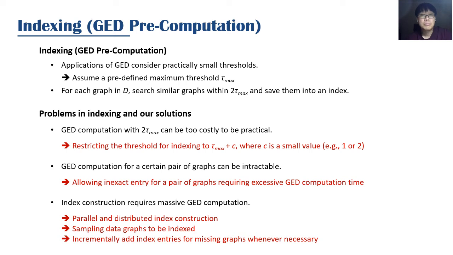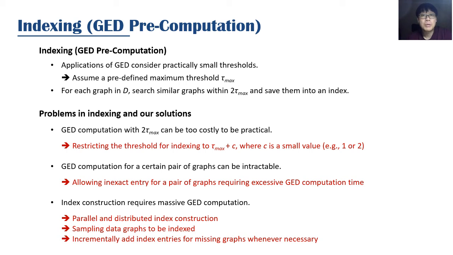The first problem is that GED computation with 2 tau max can be too costly to be practical. To alleviate the problem, we restrict the threshold for indexing to tau max plus C, where C is a small value. Please see the paper for the details of adjusting the parameter C. The second problem is that GED computation for a certain pair of graphs can be intractable due to the NP-hardness of GED computation.